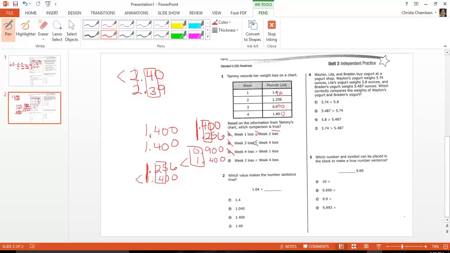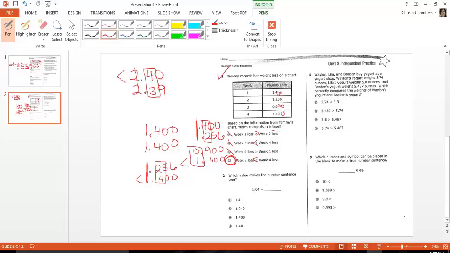So week 4 is greater than week 2. So D was our answer. Notice I had to do some work out here. I had to write them each down. I had to line up my decimal points, line up my places, and then I was able to compare place by place. Okay, so 1 is done.